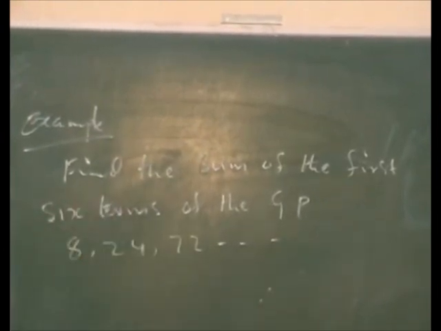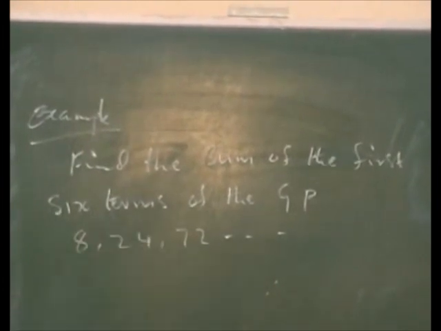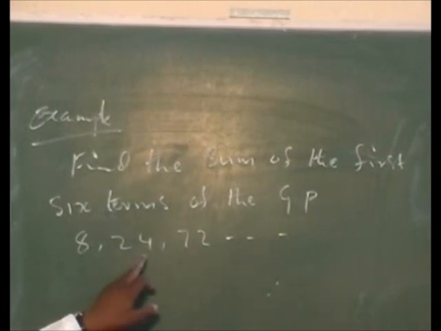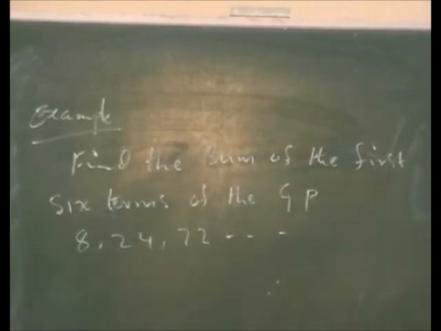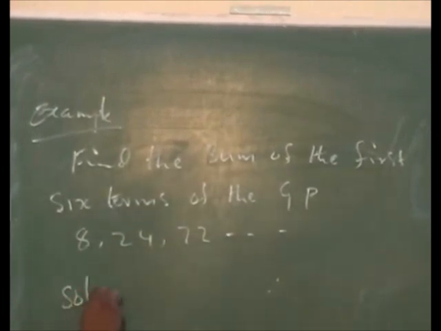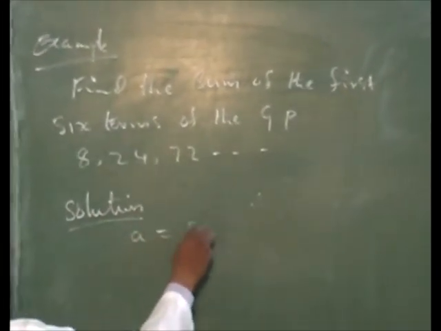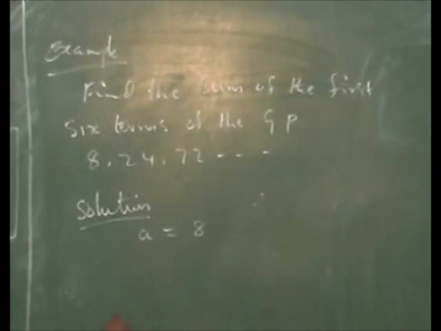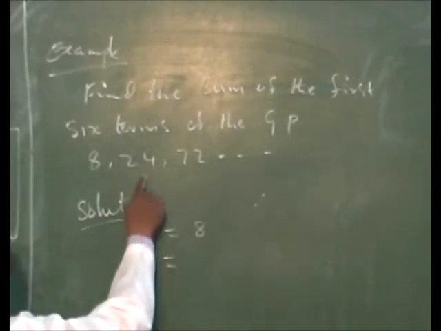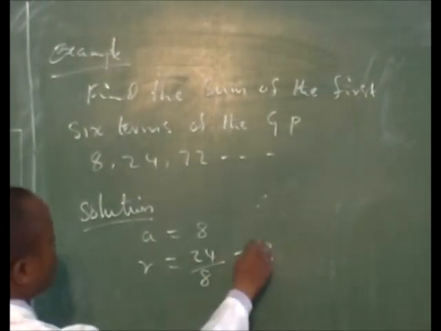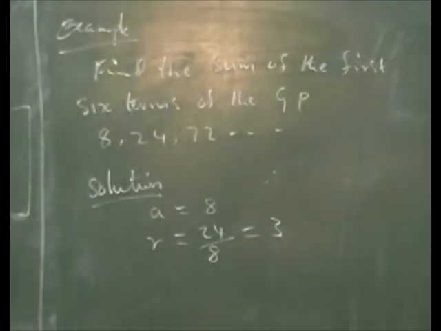Find the sum of the first 6 terms of the GP 8, 24, 72. So let's take the solution. We see that A is equal to 8, and then R will be equal to 24 divided by 8, which is 3. So R is 3.